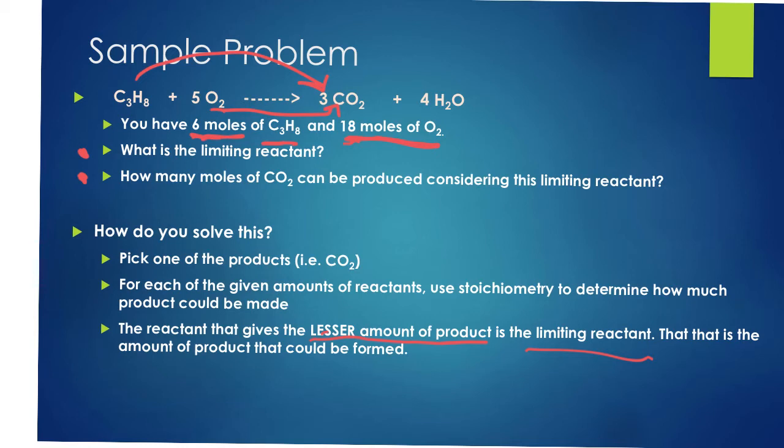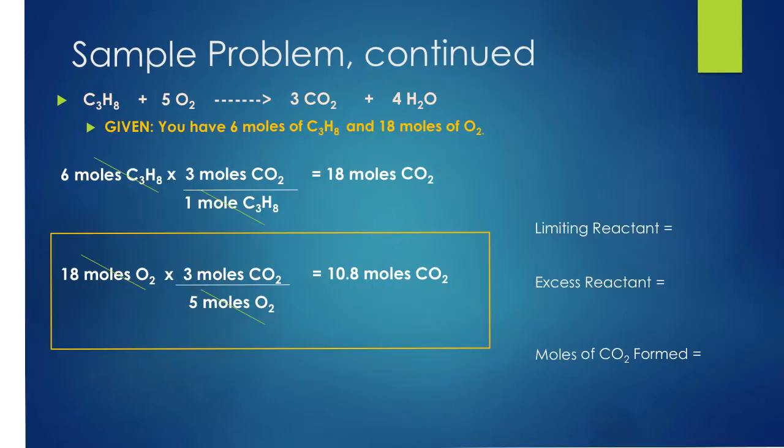Let's try to use stoichiometry to solve that. So here it is. And this same example could be done with grams to grams, but really, since it's just a comparison, we can stop at moles. We don't need to figure out how many grams of carbon dioxide can be formed right now when we're looking at the limiting reactant.